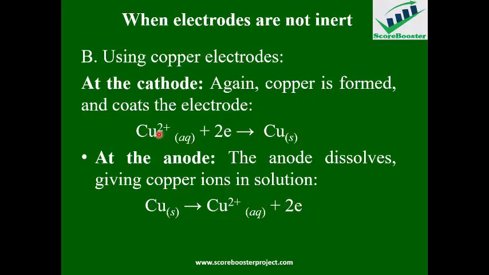Then the cathode will be increasing in size as it is gaining electrons and becoming copper atoms, because more copper will be depositing on the surface of the cathode. Then the anode will be reducing.